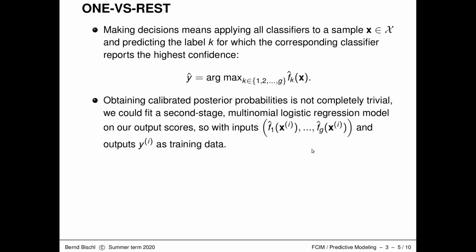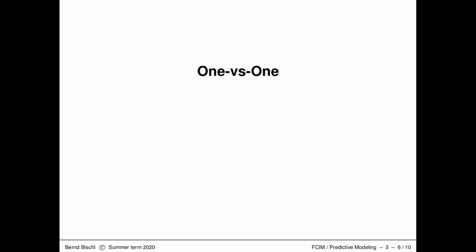So you actually would treat these scores here from your G binary classifiers as second stage input features, then use your original class label as the label of such an observation, and then train, for example, a softmax regression on that, so that these score vectors here are transformed into well-calibrated posterior probabilities.